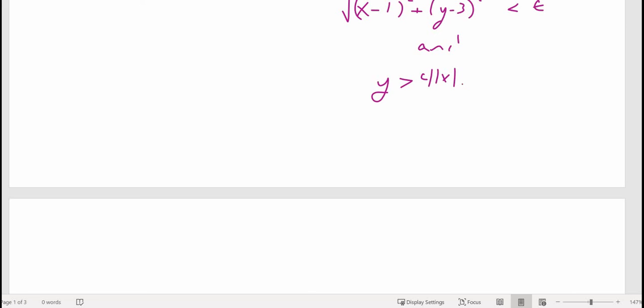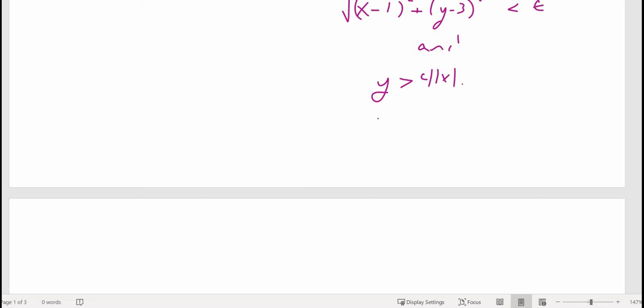Now, given that epsilon is really, really tiny, and x is positive in this case because it's close to 1, we can assume that the absolute value is just x.